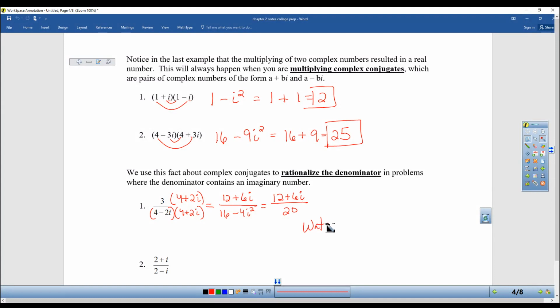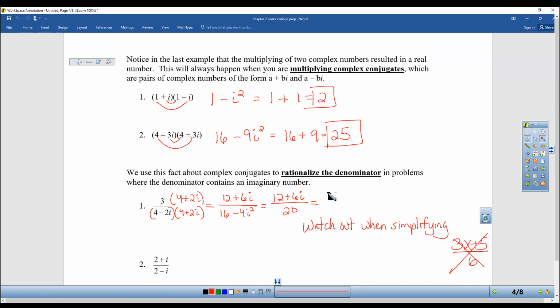Okay, next warning is simplifying. A lot of people think that you can just cancel two things, especially if only one of them looks like it cancels. So when people have 3x plus 5 over 6, they think that they can reduce these two, but you can't. You can't do that with anything that has addition and subtraction, so be careful.